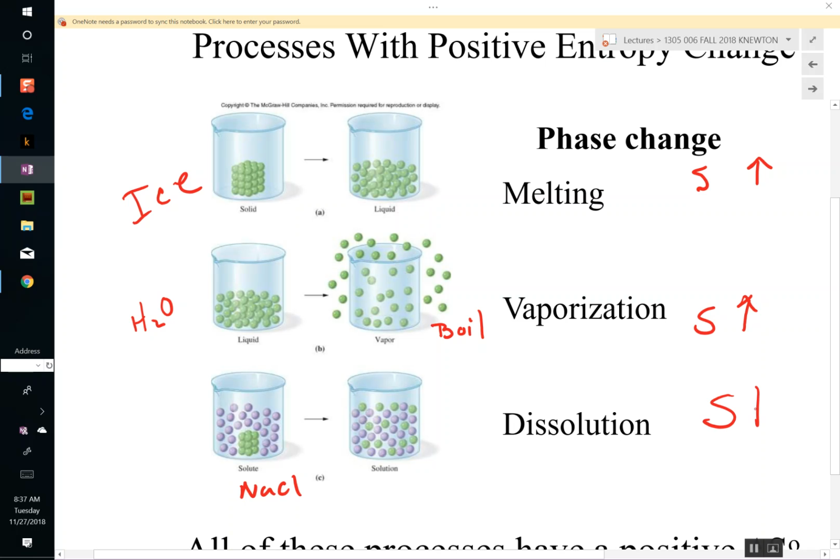So in every one of these processes, we are getting more random, higher entropy. Another way to say that is that the change in entropy is positive. If we take the final entropy minus the initial entropy, the final entropy is a bigger number than the initial. I don't know what that number is, but it is going to be positive. Delta S is positive.